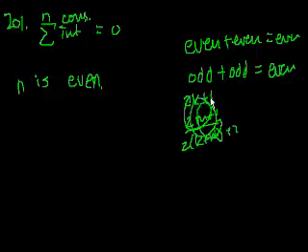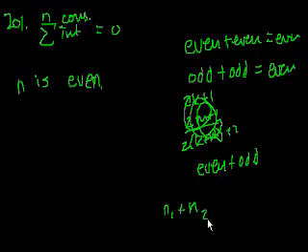And so the only way you're going to get an odd number is if you have an even plus an odd. We're summing n consecutive numbers, so let's call it number 1 plus number 2 plus number 3. If this number is odd, then this number is obviously even, and then this number is odd.